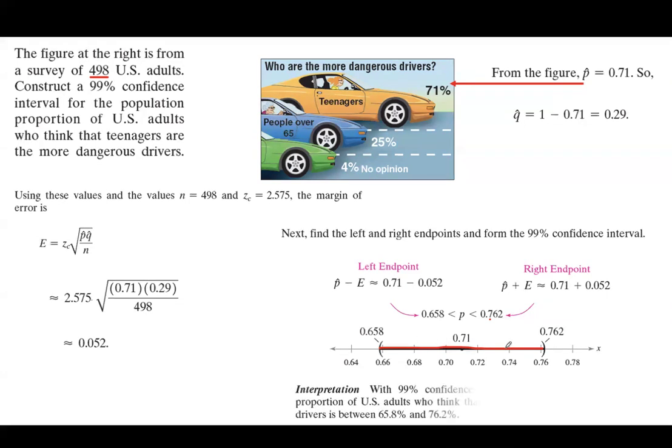So I can write, with 99% confidence, that the population proportion of US adults who think that teenagers are the more dangerous drivers is in between 65.8% and 76.2%. So now the question is, how do I use my calculator to make sure I have everything right?